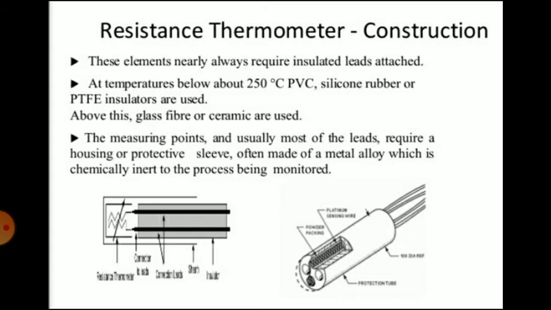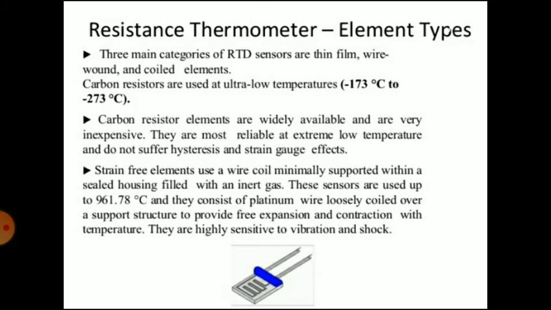The coils are placed in protective sheaths which are then hermetically sealed. The change of resistance of thermometers due to change in temperature is measured by a Wheatstone bridge. So this is regarding the construction and working of the RTD.